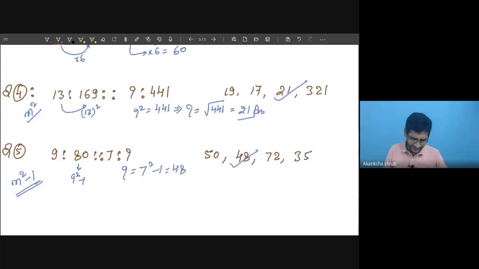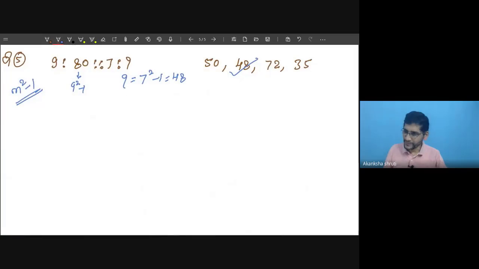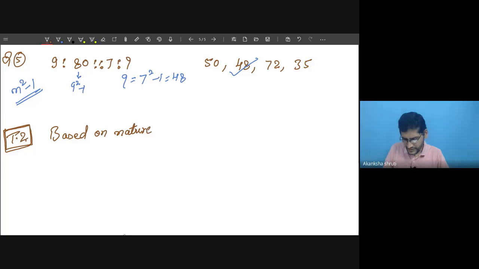Students, I have taken the very simple ones, addition, subtraction, multiplication, but wherever the complex ones come, at that time you have to think a bit more. So let us go for the second category, or the type 2 question. So in this type 2, based on nature of number, or even we may start with type 1.